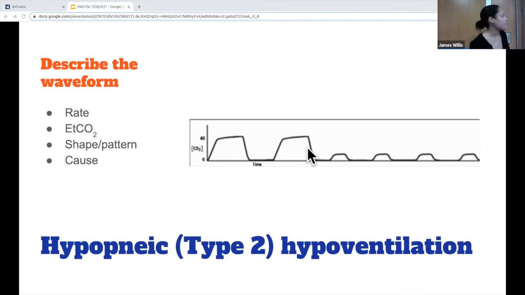The patient is taking very shallow breaths, although their rate doesn't change. And so the end tidal drops dramatically because most of the expiration is not participating in gas exchange. It's primarily dead space ventilation. So this is something you want to keep an eye on.